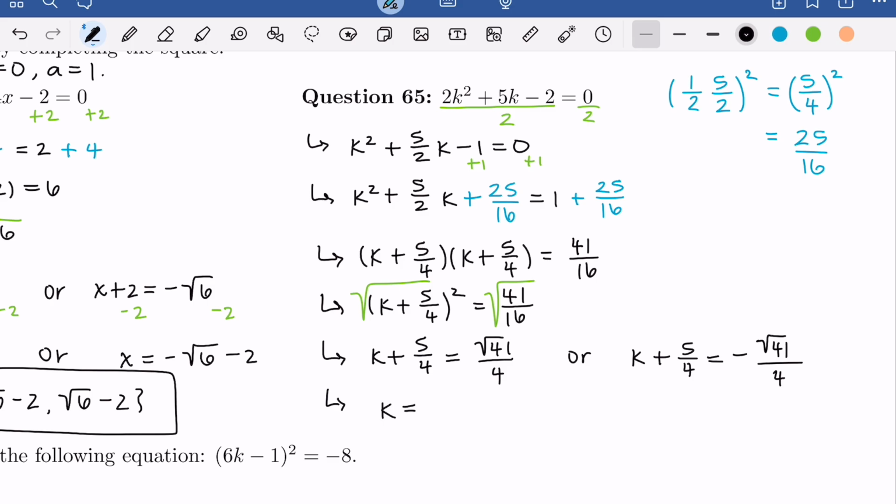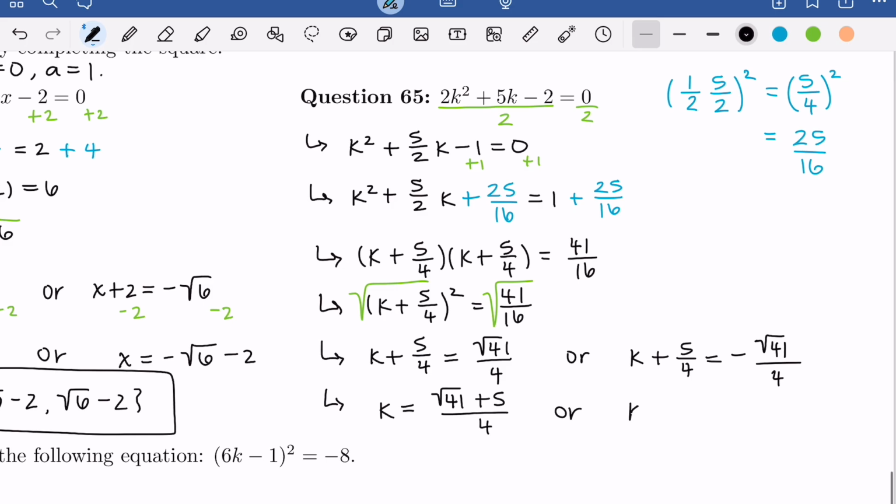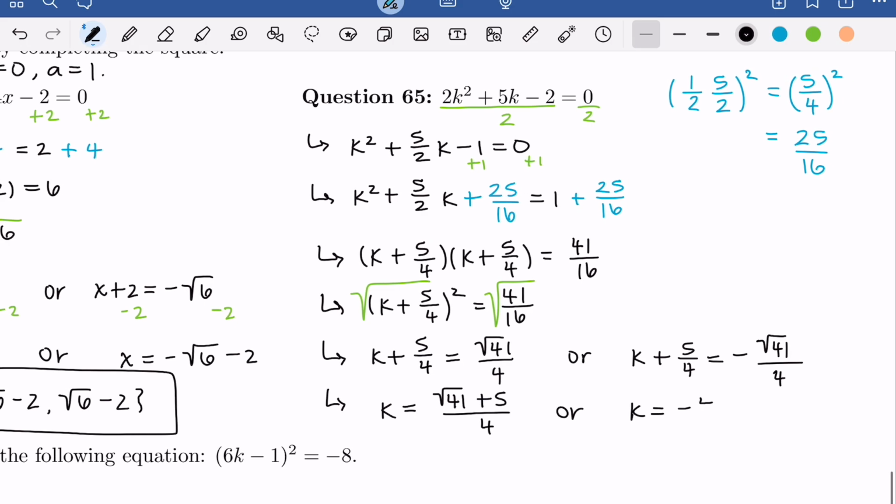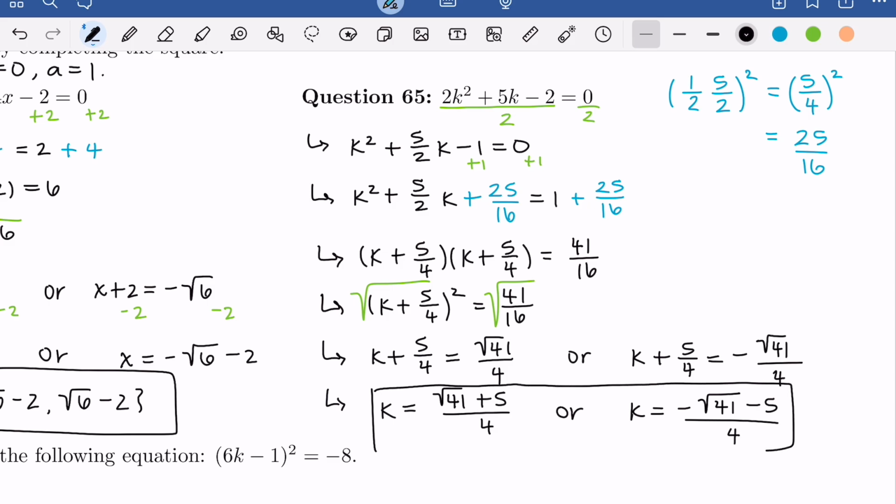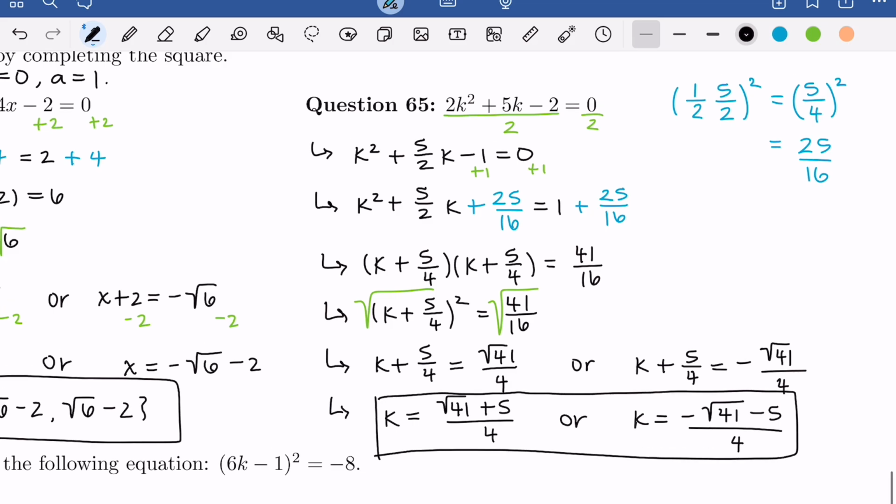We're going to get that k is going to be equal to this here. And actually, we can write this over one denominator since we have a common denominator. So minus 5 over 4. So this is going to be our solution for this question here.